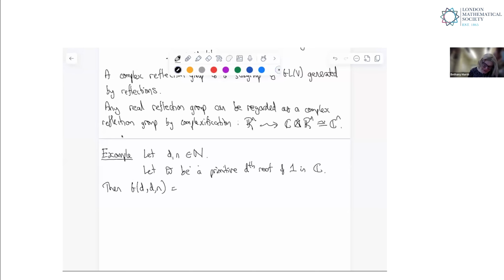Of course, we can think of linear maps as invertible matrices. So that's what we'll do here. It's the set of complex n by n matrices of a certain kind. Each entry is either 0 or some power of omega, so 0 or a d-th root of unity.